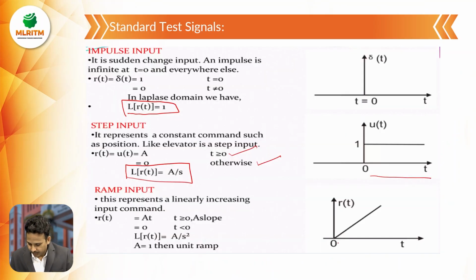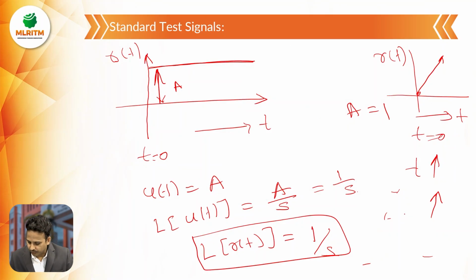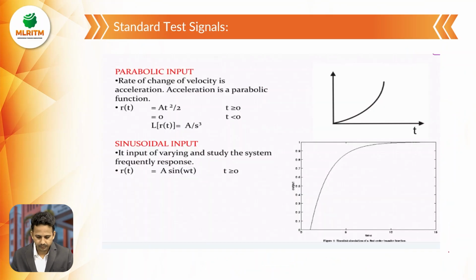See here, for t greater than or equal to 0, it is A t; the magnitude of the signal is A into t. For t less than 0, it is 0. And the Laplace transform of r of t is equal to A by S square. If A is equal to 1, then it is 1 by S square.